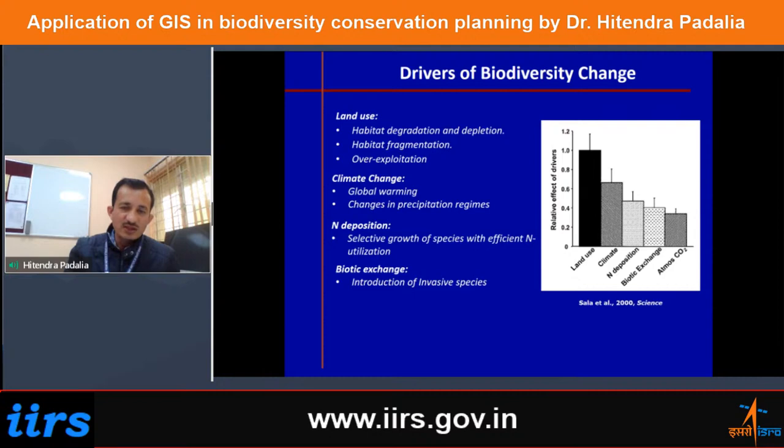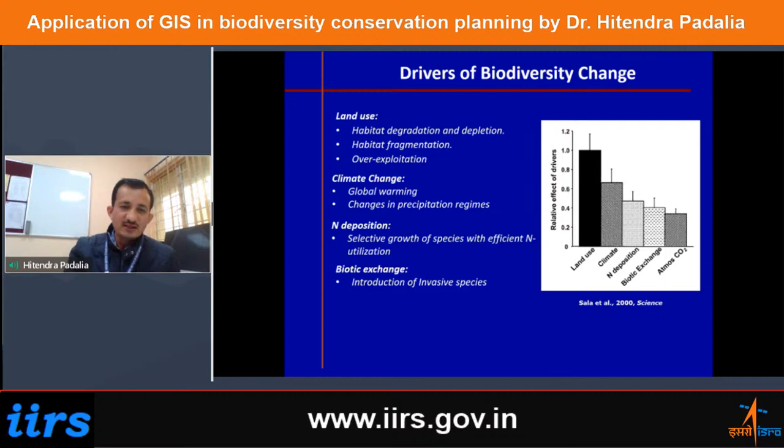Then climate change is another aspect which has been appreciated in the last 2 decades, and at the recent meeting in Glasgow, and in the AR6 assessment report, it shows that climate change has a very significant negative impact on biodiversity, whether it is the ecosystem, different types of habitats, or the species. All are getting impacted by climate change.